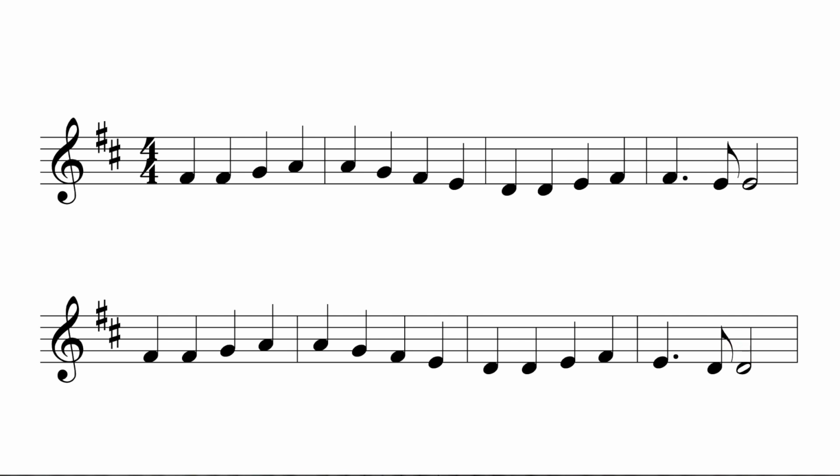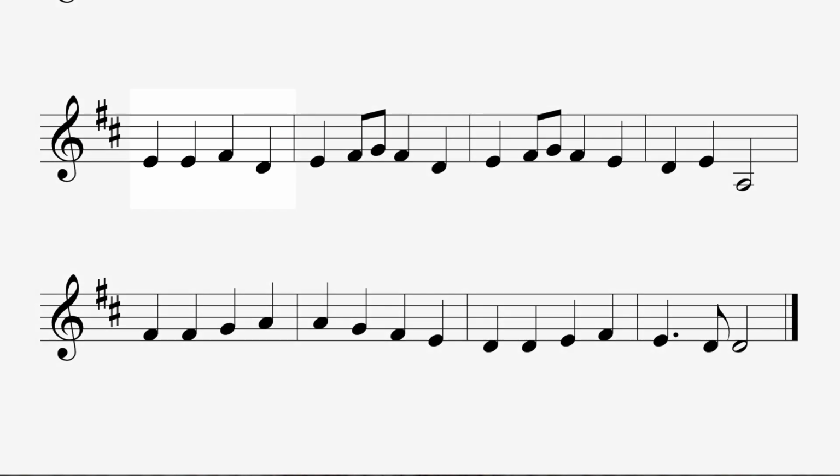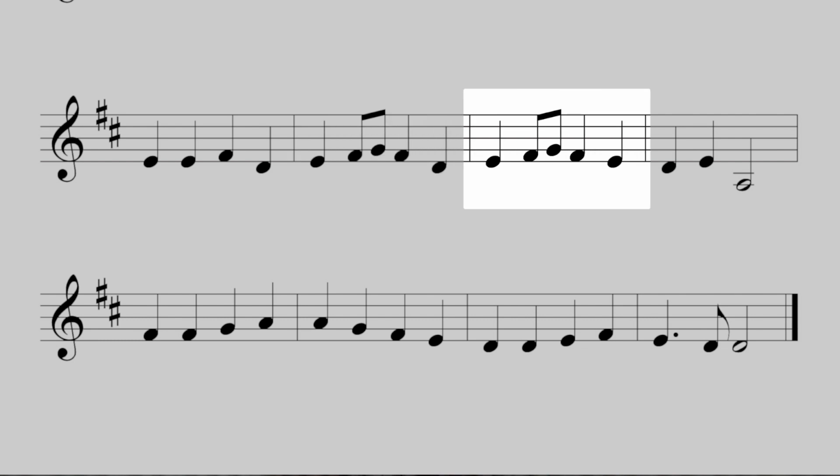Okay, then a contrasting phrase could be something that doesn't sound anything like, or at least is highly contrasting from, your other phrase. For example, if we kept going in Ode to Joy, we'd get, see, so that had some different notes, some different rhythms. So that would be a contrasting phrase.